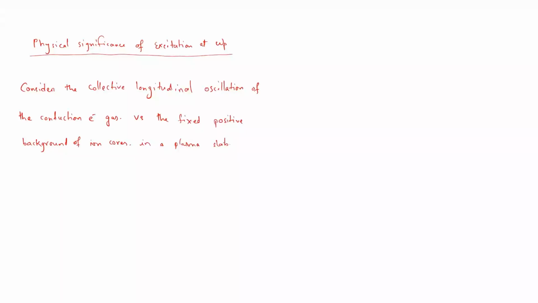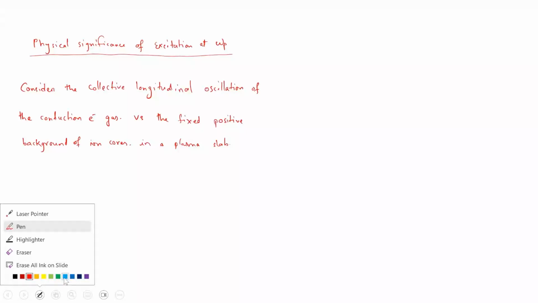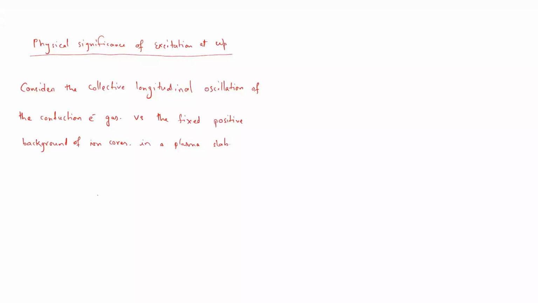So what we are doing here is we are considering a slab, let's say this one for the sake of picture. This is the slab, and there is a positive background and there is an electron plasma.